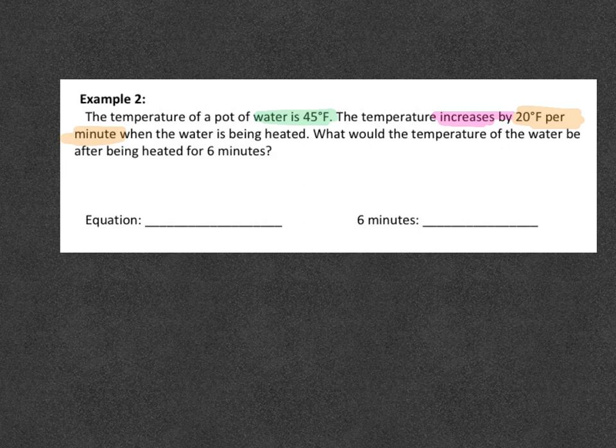Equation is going to start with y equals, then the number that's getting repeated, 20 per minute, 20x. And then the water was already at 45, so I'm going to put plus 45.